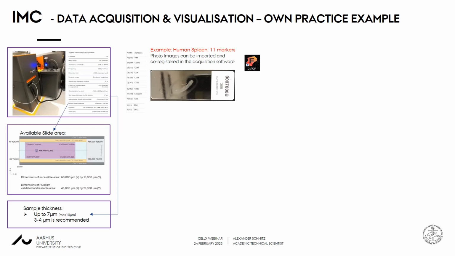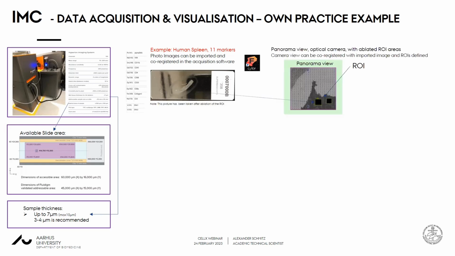You can also do it by a scanner or whatever you have that makes good enough quality pictures, import it into the software, and then within the machine, there's also a photo camera that can take pictures of certain areas, and thereby you get also structural information from the slide directly in the machine, and then you can co-register your image. That can also be an H&E image or whatever you can think of that may help you to find regions of interest, ROIs. And these regions of interest are then actually the ones that are ablated from the slide and analyzed.